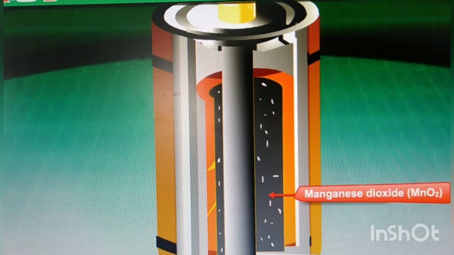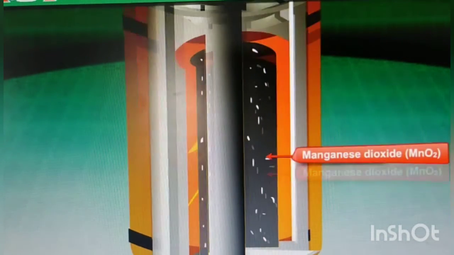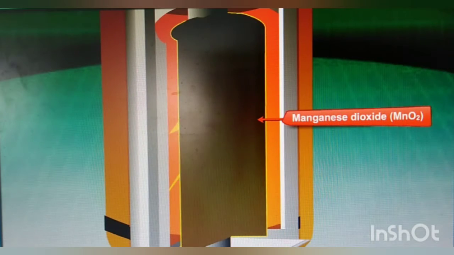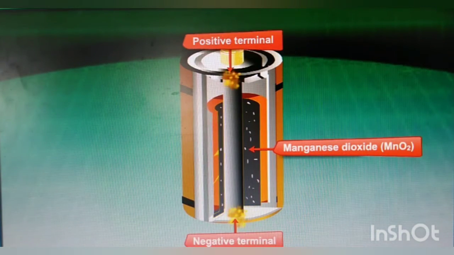A paste of manganese dioxide, that is MnO2, is filled outside the rod. Because of the chemical reactions of all these chemicals, electrical charge is produced on the two terminals, that is the graphite rod and the zinc layer, and an electric current flows in the circuit.